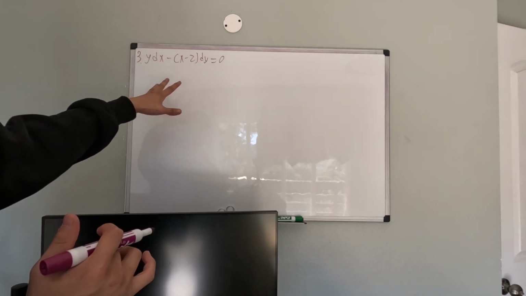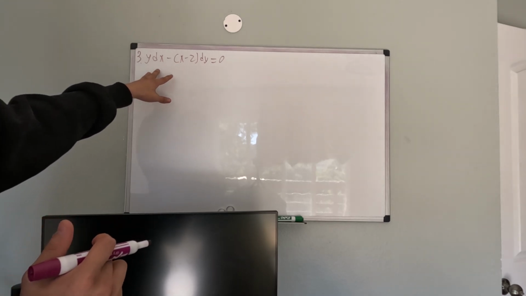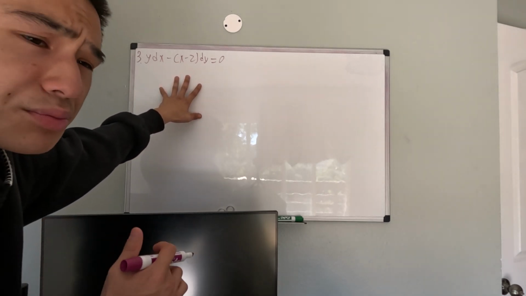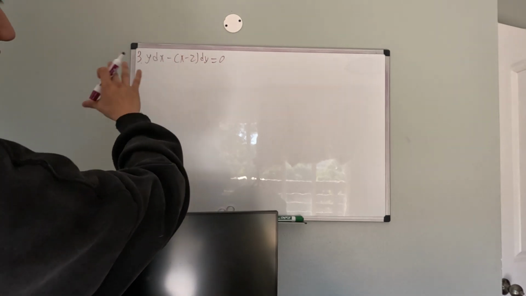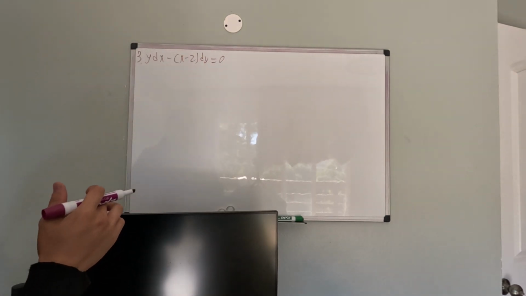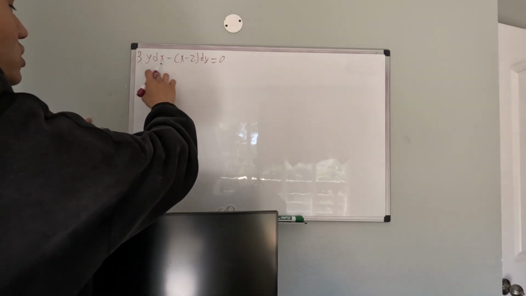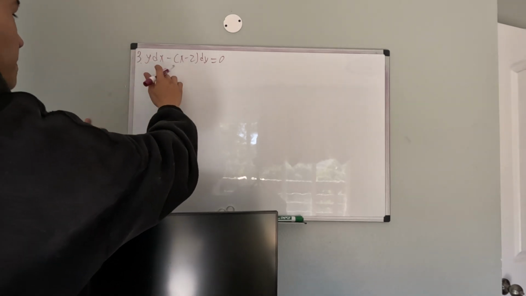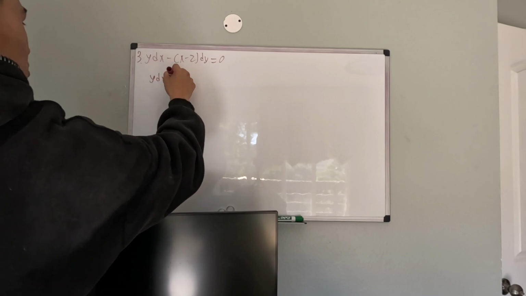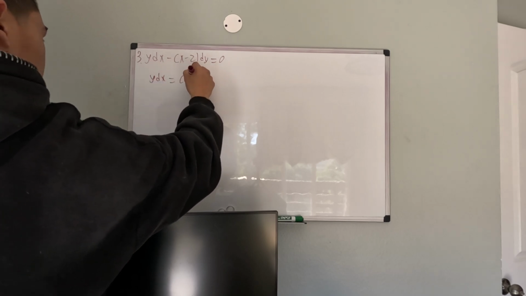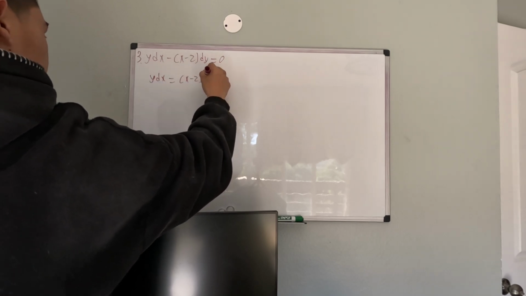What you're going to need to do here is see and know already that this is a separable differential equation. So you're going to need to put the y's on one side and the x's on another. First thing we could do is add both sides by this. So we got y dx equals x minus 2 dy.